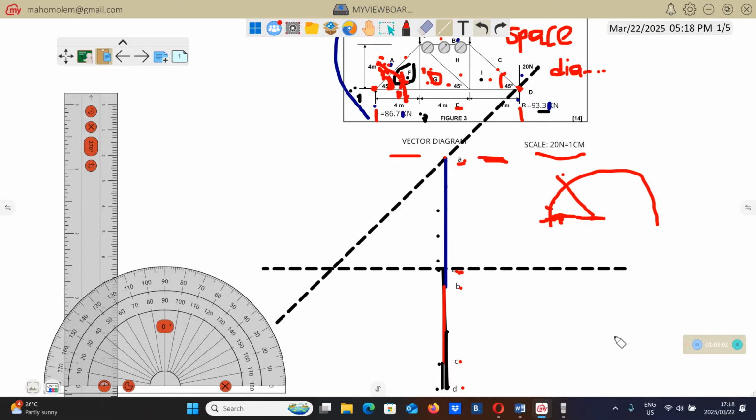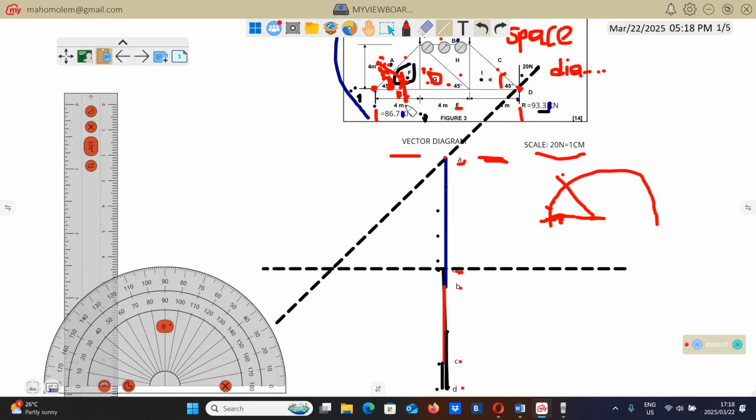How did we get this point F? We've used the adjacent spaces, which are A and E. From A to F, there is a line at an angle of 45, and that's why we came here and drew this line at an angle of 45. So you start at A, you draw a line at an angle of 45, and you project it on both sides.